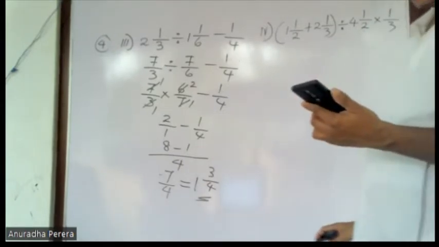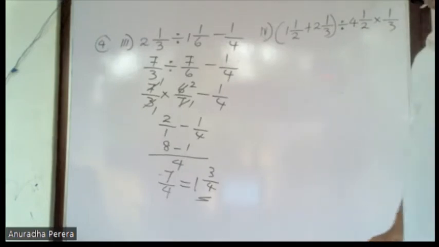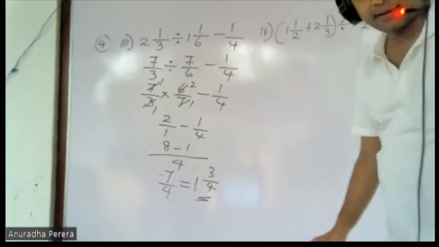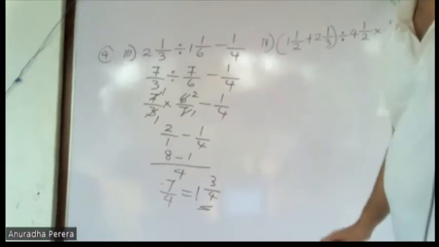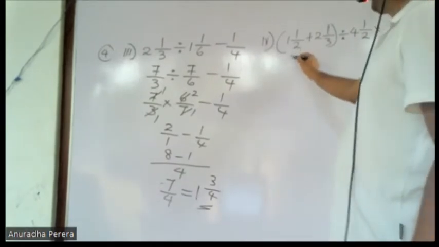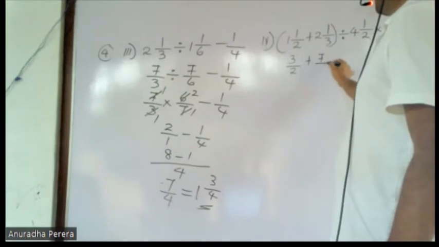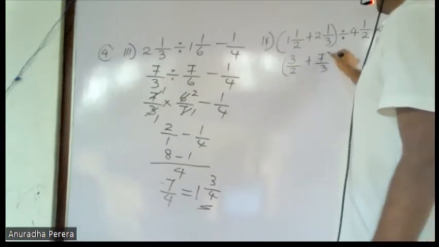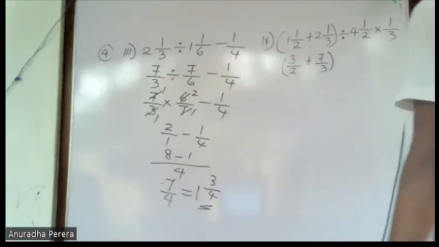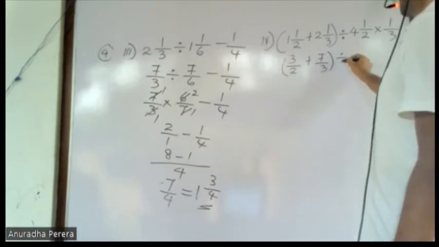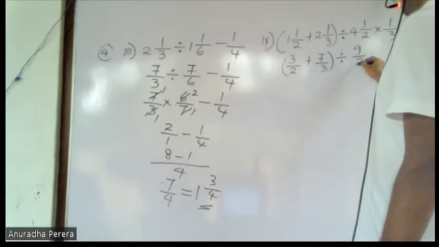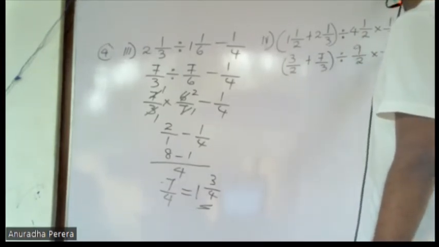According to the BODMAS law, first simplify the fractions in the brackets. 3 over 2, 7 over 3, 9 over 2 into 1 over 3.